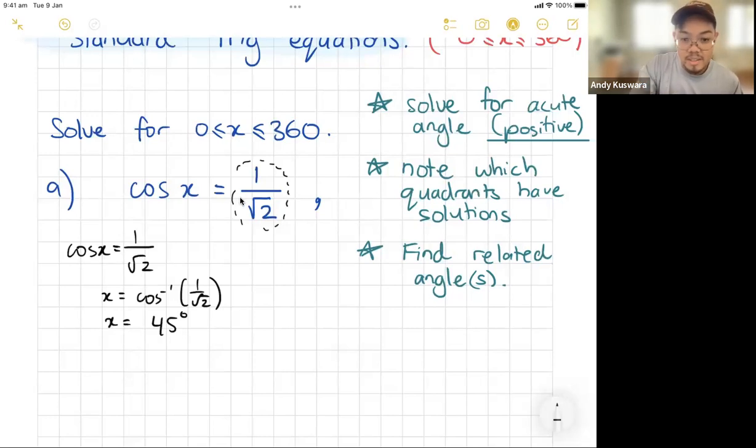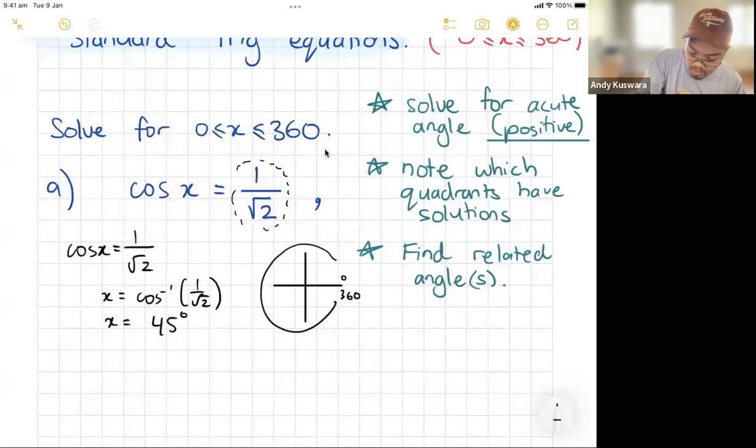Now the next part here is, unfortunately, I'm not done. I've only found one of my potential many solutions. So now I need to note which quadrants have solutions. I'm looking between 0 and 360, so that means I'm looking across one full rotation of this all stations to central.